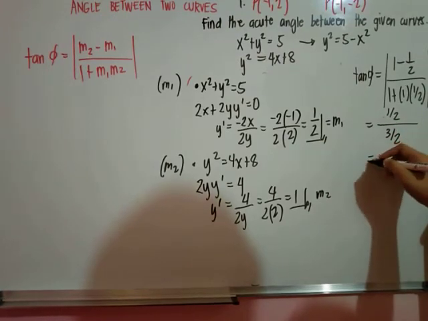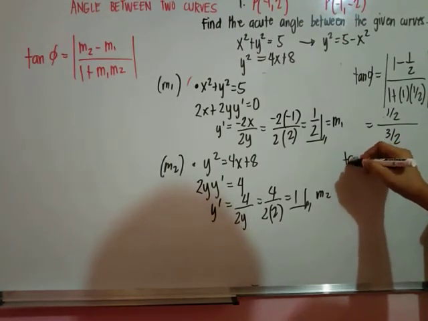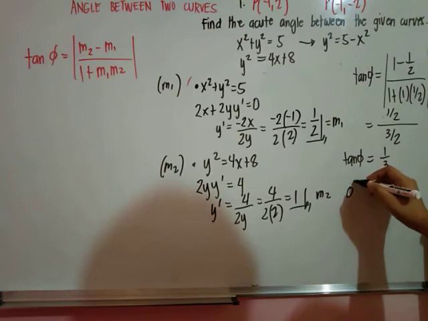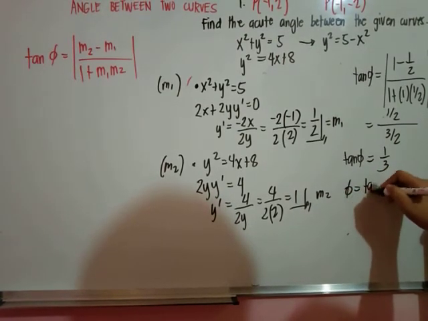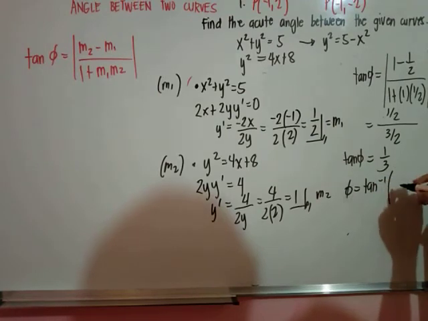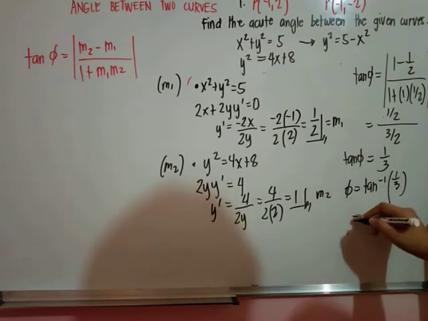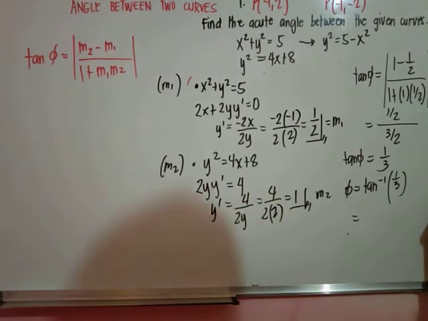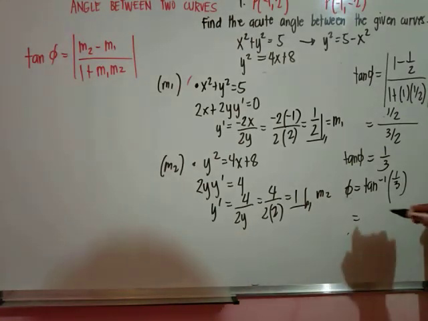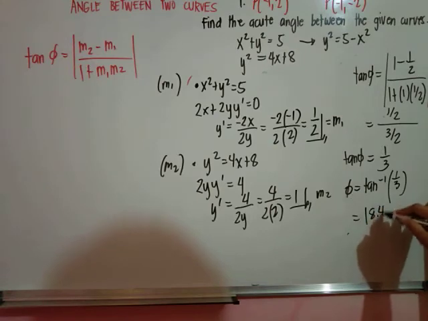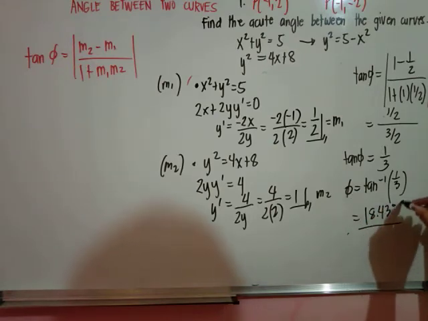So, we have 1/3. So, yung theta natin or phi is equal to the arc tangent of 1/3. So, the angle between the two curves is equal to arc tan 1 over 3, 18.43 degrees.